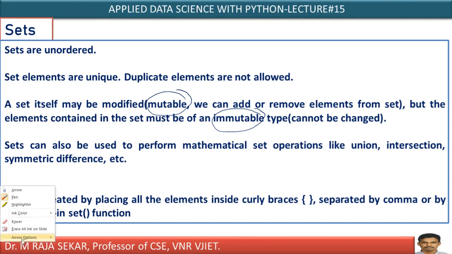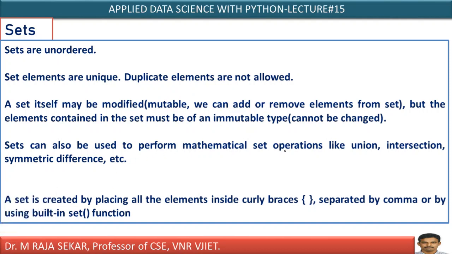Sets in general mathematics, you might have learned what sets are. It is just similar to sets in mathematics. In set terminology, you might have seen operations like union, intersection, symmetric difference. All those operations can be performed on sets. Sets can be created by using curly braces like this.